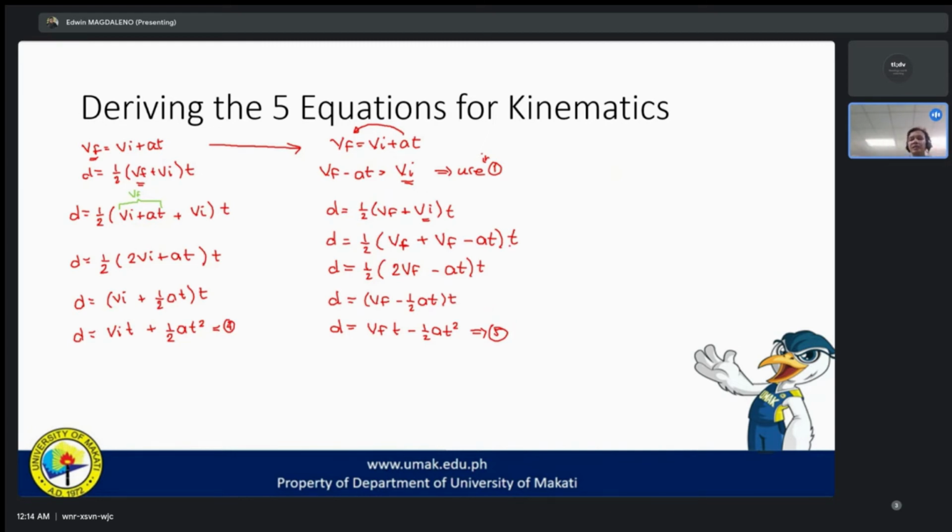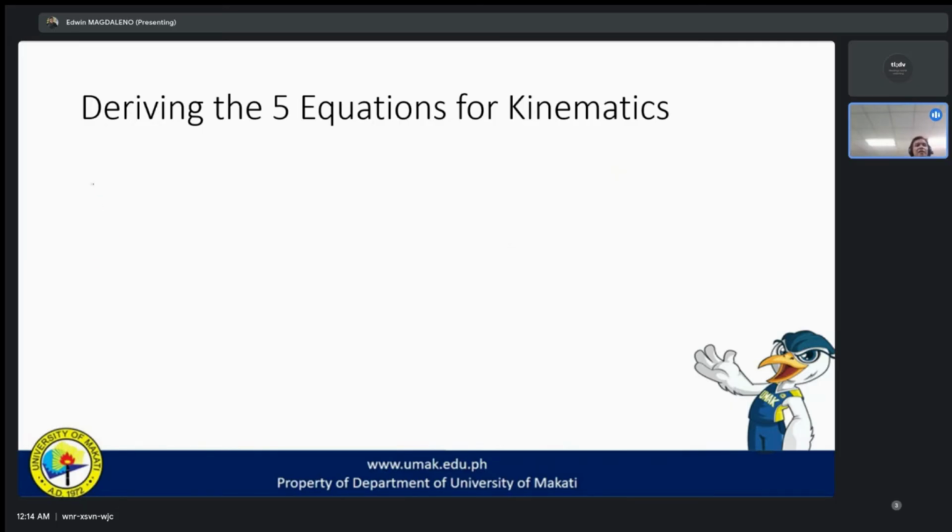Now, how do we use this? Let's try to draw first. We have here the 5 equations. Equation 1, displacement is equal to 1 half Vf plus Vi times time. Equation number 2, Vf is equal to Vi plus acceleration times time. Equation number 3, Vf squared is equal to Vi squared plus 2AD.